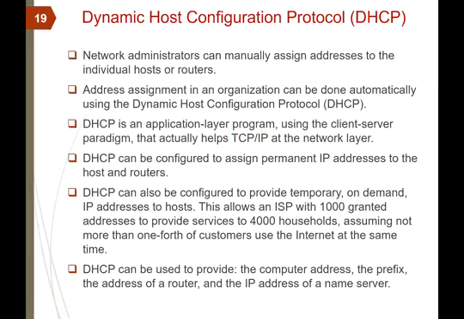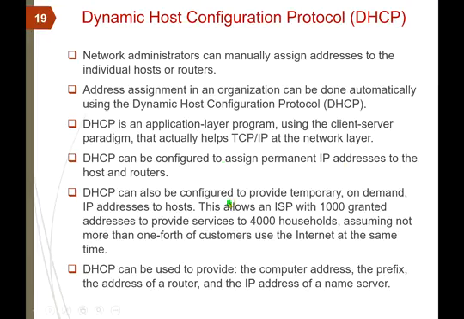So this is application layer, but it provides service to the network layer using the client-server paradigm, that actually has TCP/IP at the network layer. DHCP can be configured to assign permanent IP addresses to the hosts and routers.